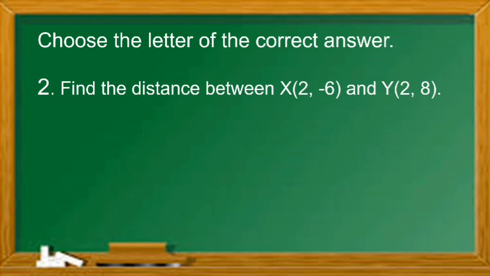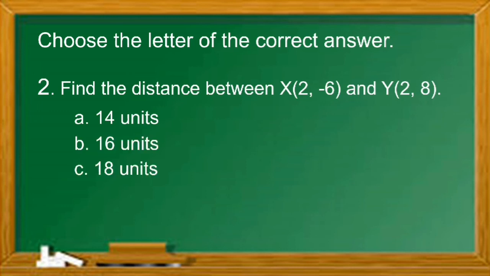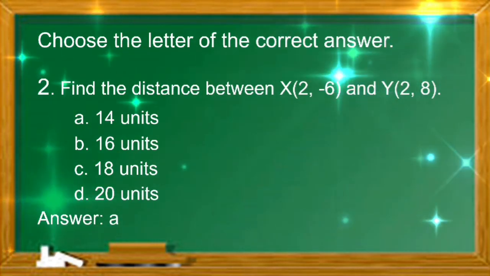Number 2. Find the distance between point X with coordinates (2, -6) and point Y with coordinates (2, 8). Is it A, 14 units, B, 16 units, C, 18 units, or D, 20 units? The answer is A, 14 units.